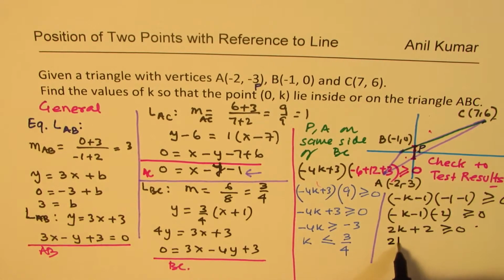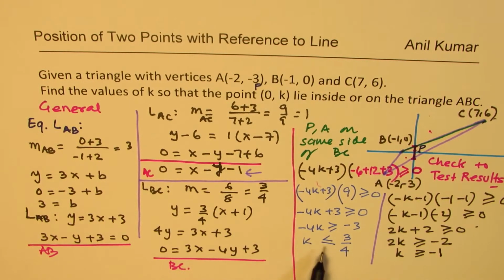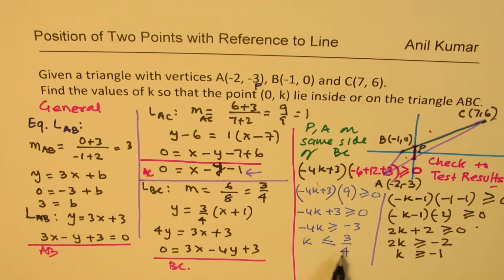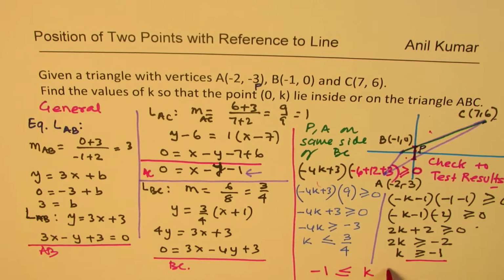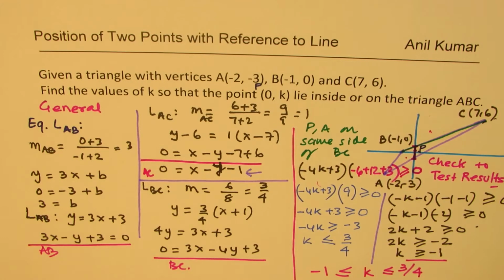Taking to the right side, we get 2k greater than or equal to minus 2, or k is greater than or equal to minus 1. So we get the interval of k, that k should be greater than minus 1 and less than 3 by 4, right? So that is our solution. So we are saying k should be greater than or equal to minus 1, but less than or equal to 3 by 4, correct? So that becomes the answer for us.